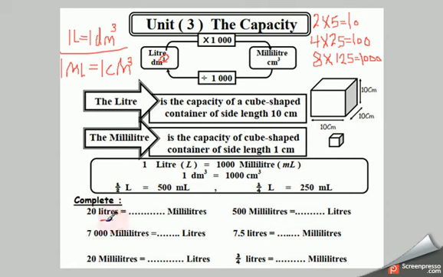From liter to milliliter, from big to small, I should multiply. 20 multiply by 1000 equals what? Equals 20,000.